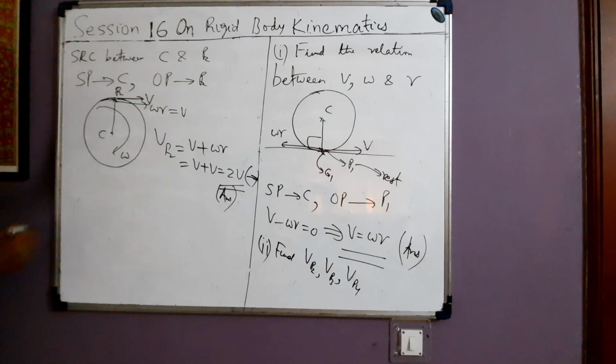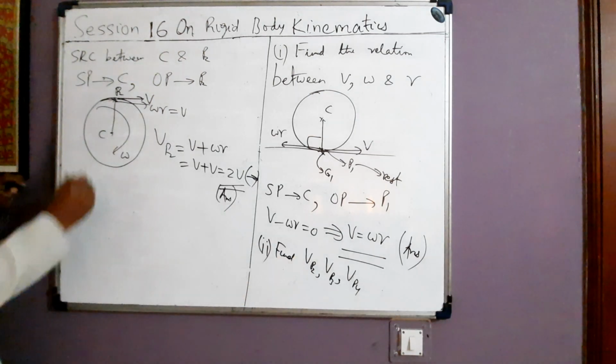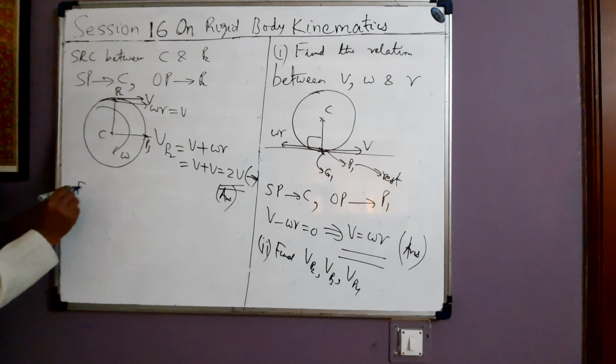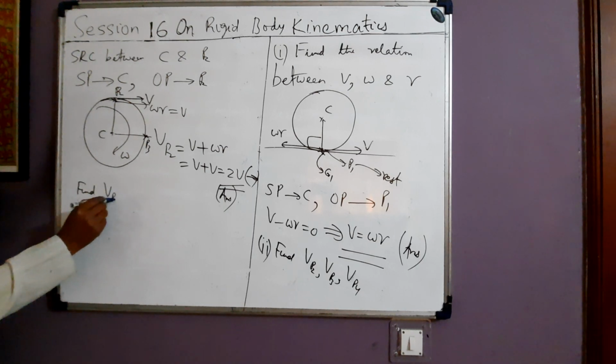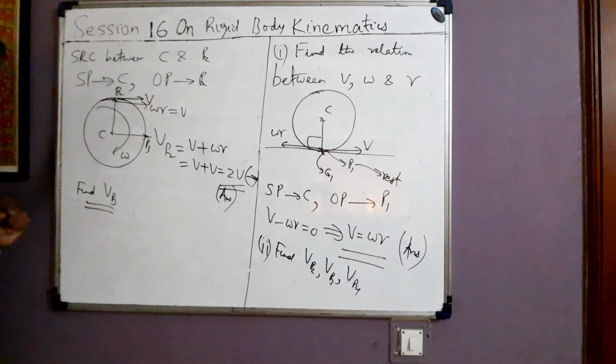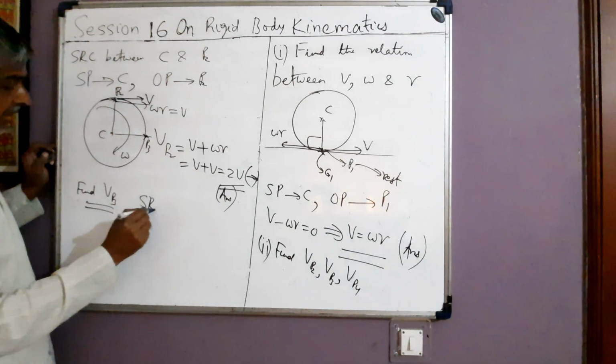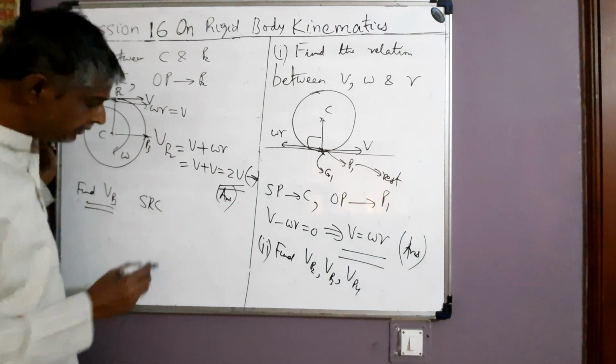Now next is to find the velocity VP3. P3 is here. We have to find VP3 in terms of V. Again, we apply SRC for velocity between C and P3.